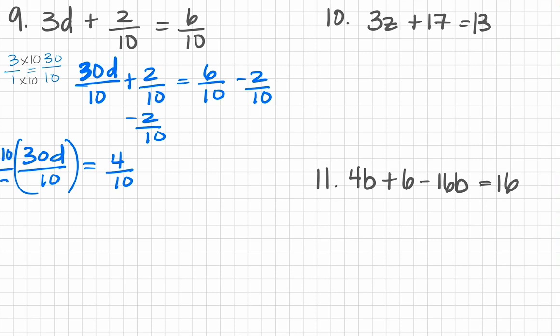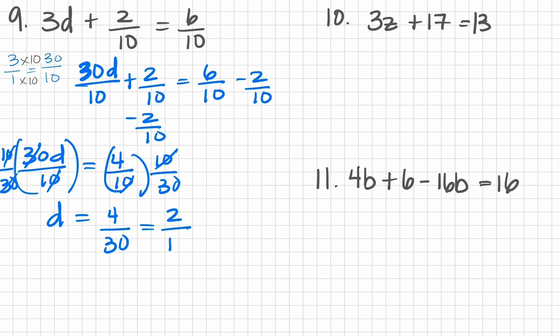Gonna do 10 over 30, cancel that out. 10 over 30, that can cancel, and then I have D is equal to 4 over 30. Break that down, divided by 2. They both have a common factor of 2, so that's going to be 2 over 15.